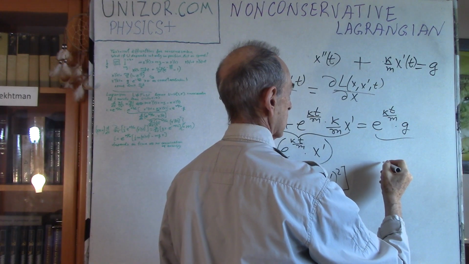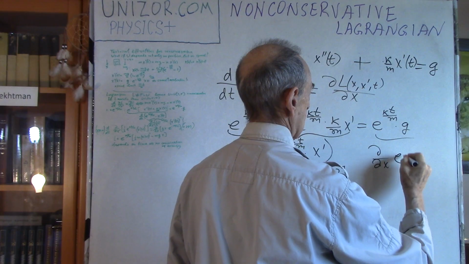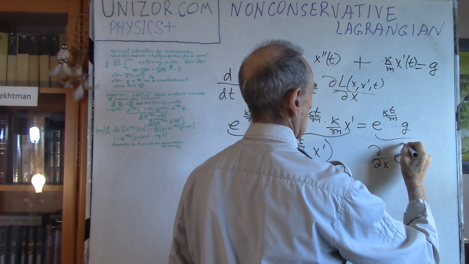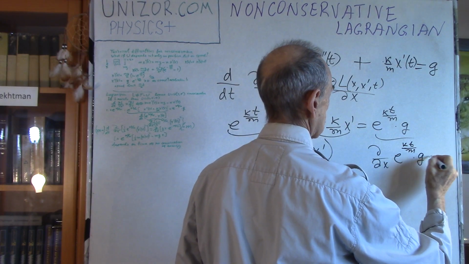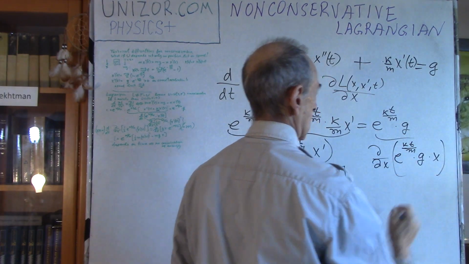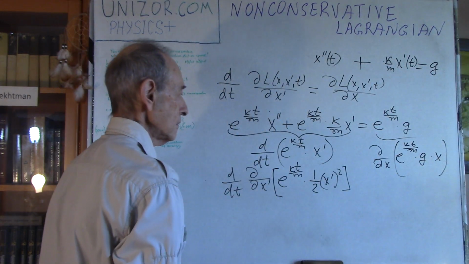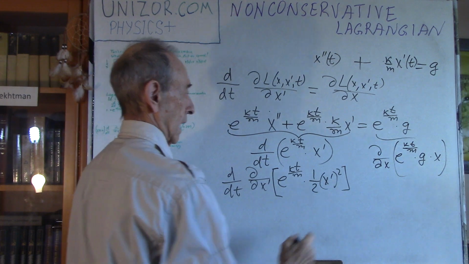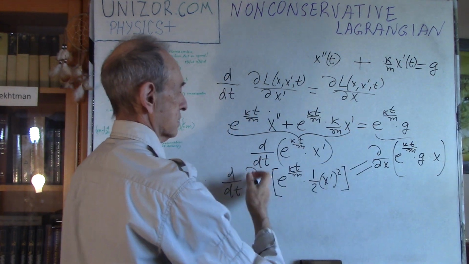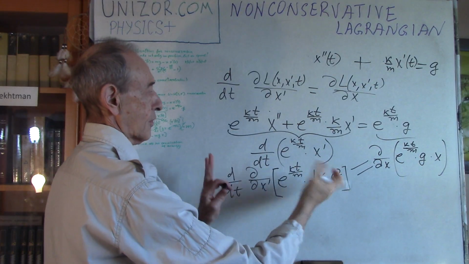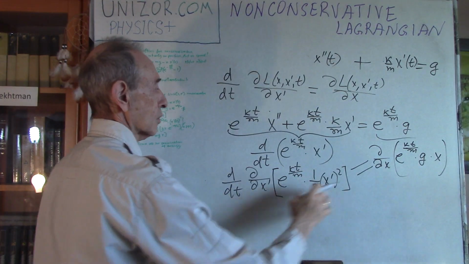So basically, if I have it as a partial derivative by x of e to the power kt divided by m, g times x, the partial derivative of x would be this, right? Now, I can say that these are equal. So I'm just converting this thing into a slightly different format, but now it looks much better, much closer.